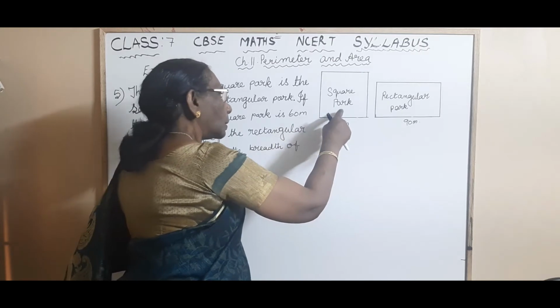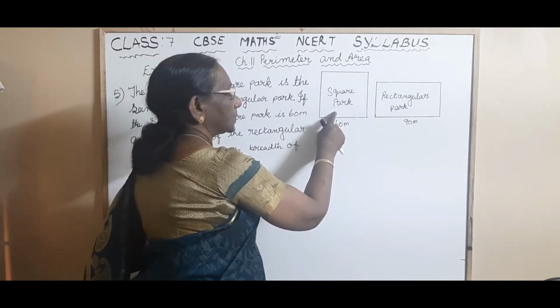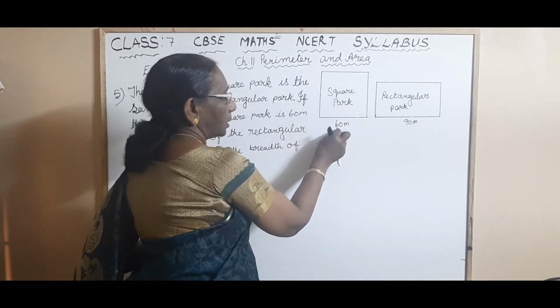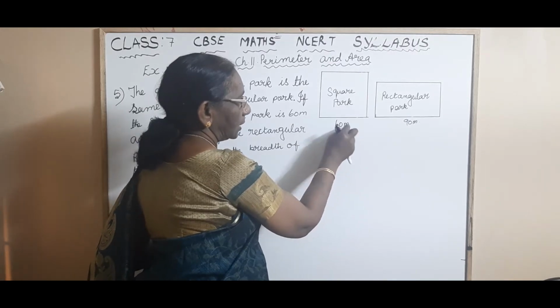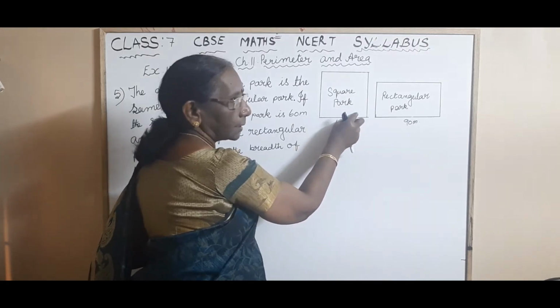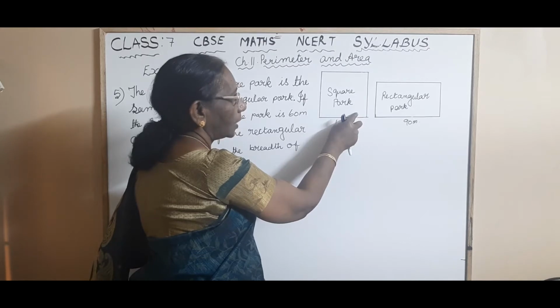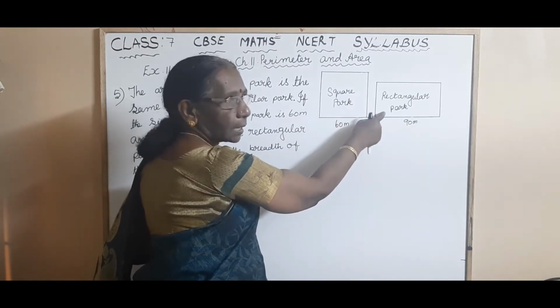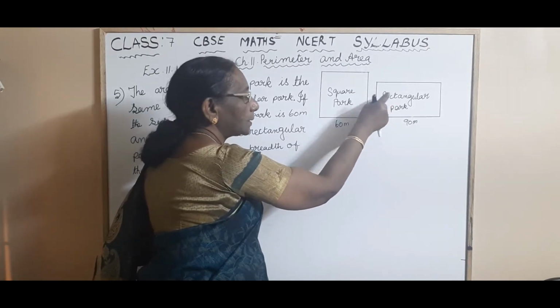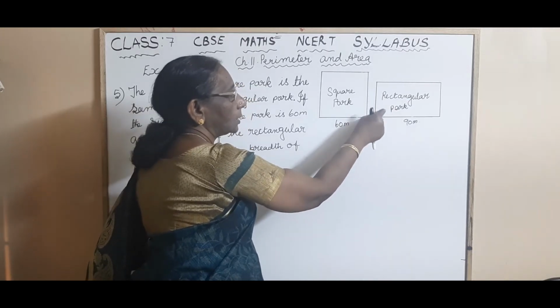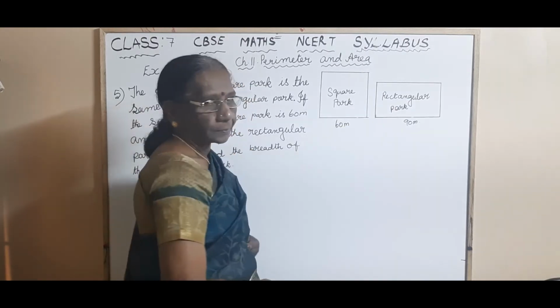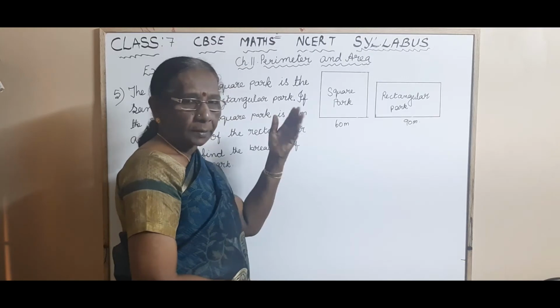When you multiply 60 into 60, we will get 3600 meter square. Both have the same area, so the area of this park is also 3600 meter square. First step over.